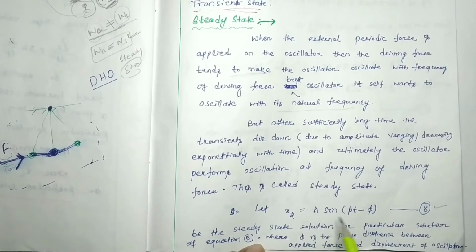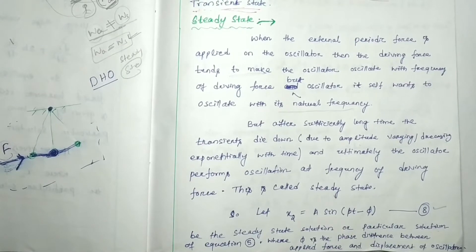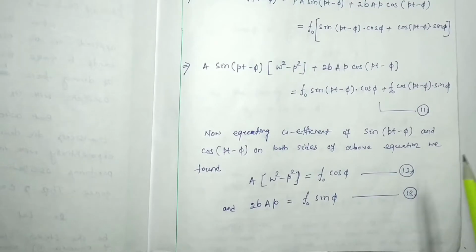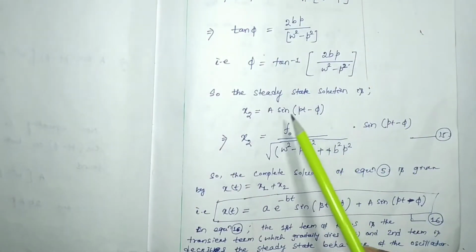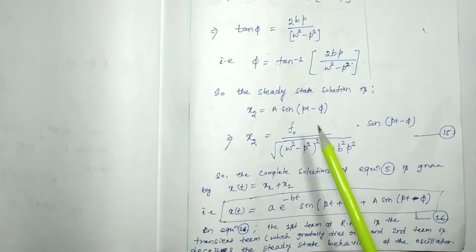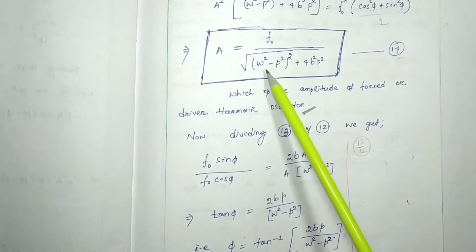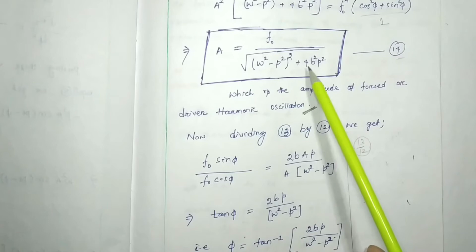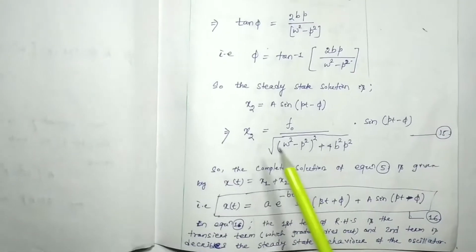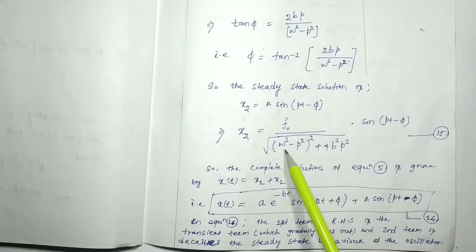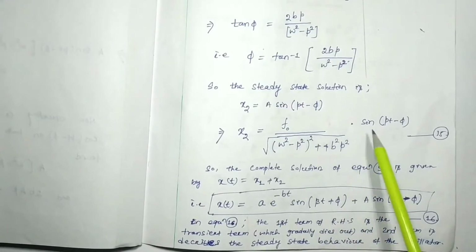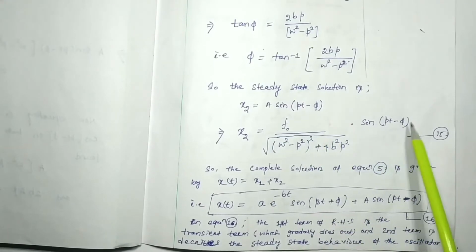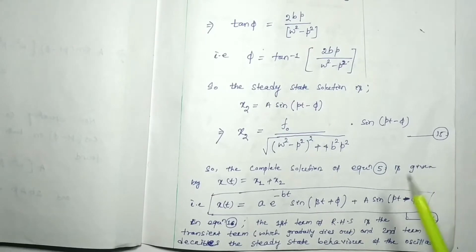Instead of the amplitude A we can write F0 by the square root of omega square minus p square whole square plus 4b square p square. So x2 will be equal to F0 by the square root of omega square minus p square whole square plus 4b square p square into sine pt minus phi. It is equation number 15.